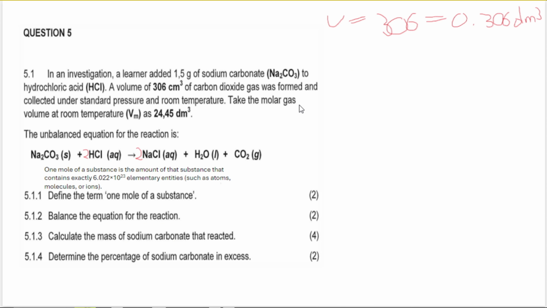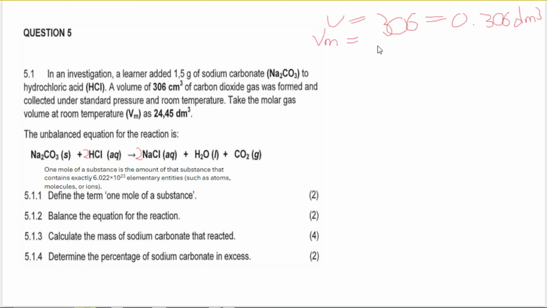And look here, they say take the molar gas volume, right? Vm as 24,45. So this is for gases, remember, and carbon dioxide is a gas. So they gave us the molar volume, right?